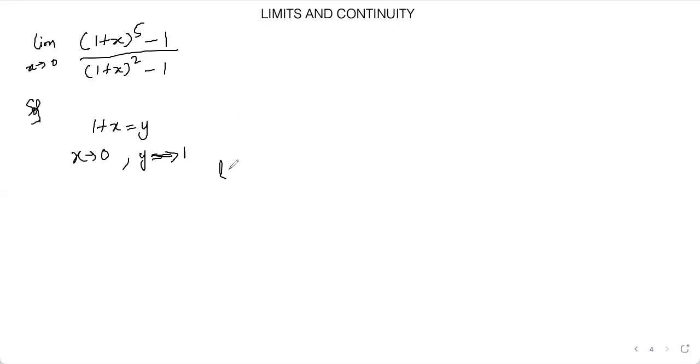Now change the limit. Limit y tends to 1, we get y power 5 minus 1 by y square minus 1.